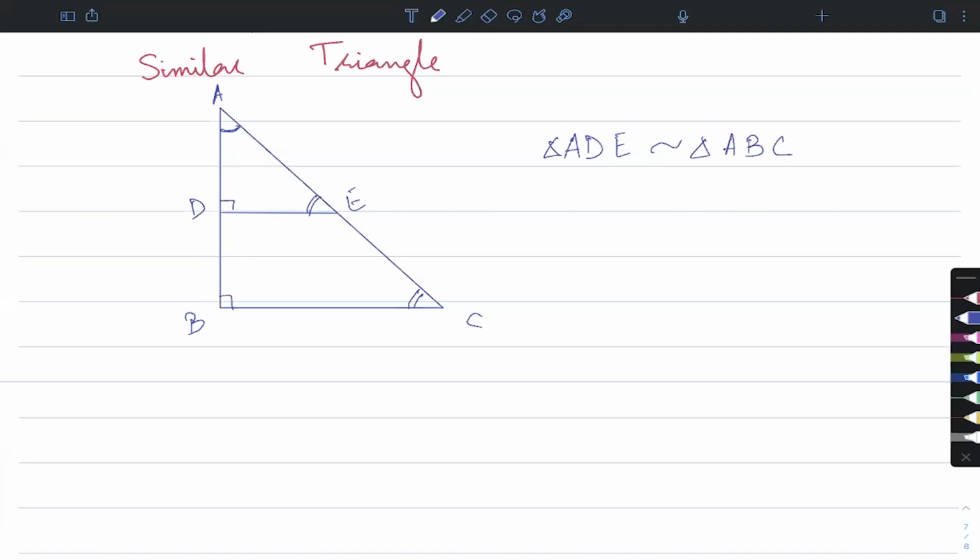But we do know that EC is a portion of AC. So AC is nothing but AE plus EC. I know AC, so I can use AE to figure out what EC is. So just know that if angles are all the same, triangles are similar, and if they're similar, then their sides are proportional.